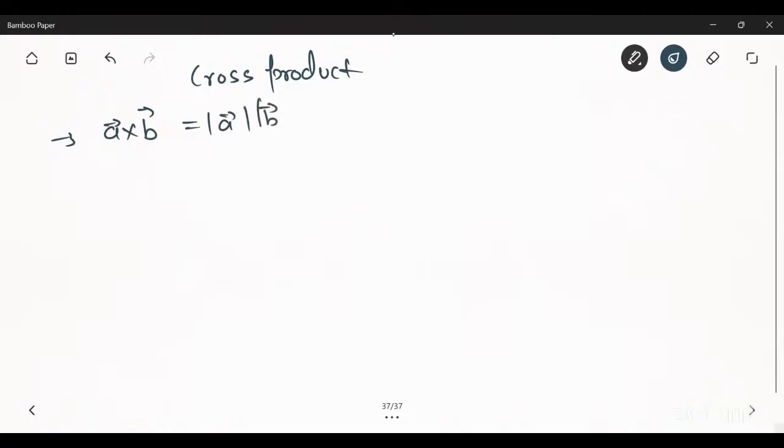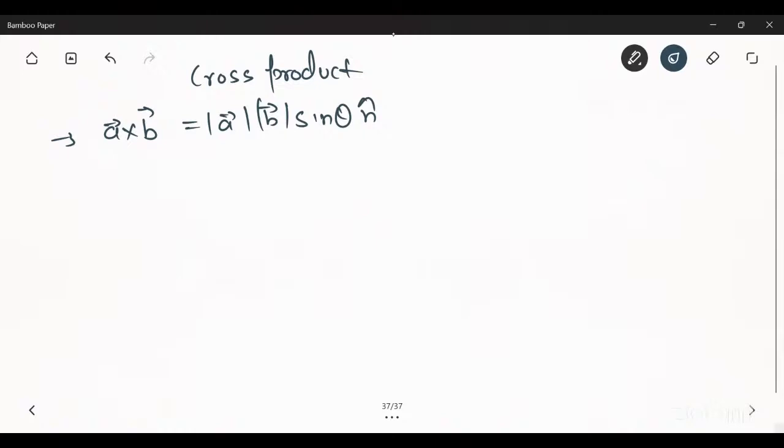Now, some important questions and results from vectors are that in a cross product, A cross B is equal to mod A mod B sine theta n cap. This n cap is the unit vector perpendicular to both, in the direction of A cross B.